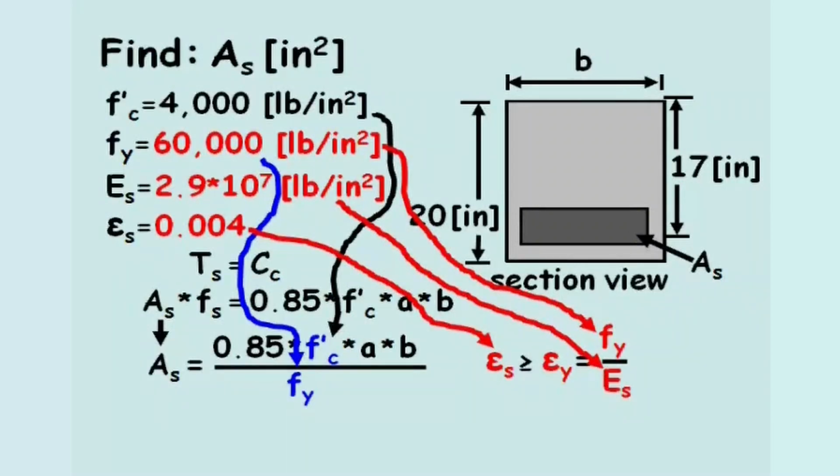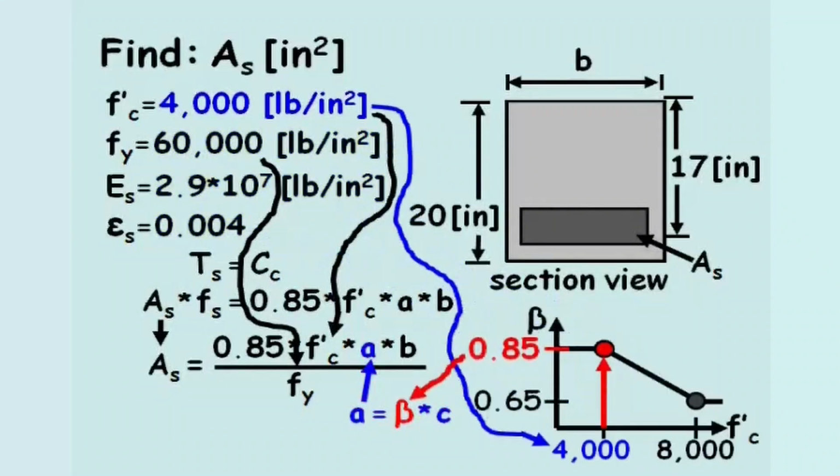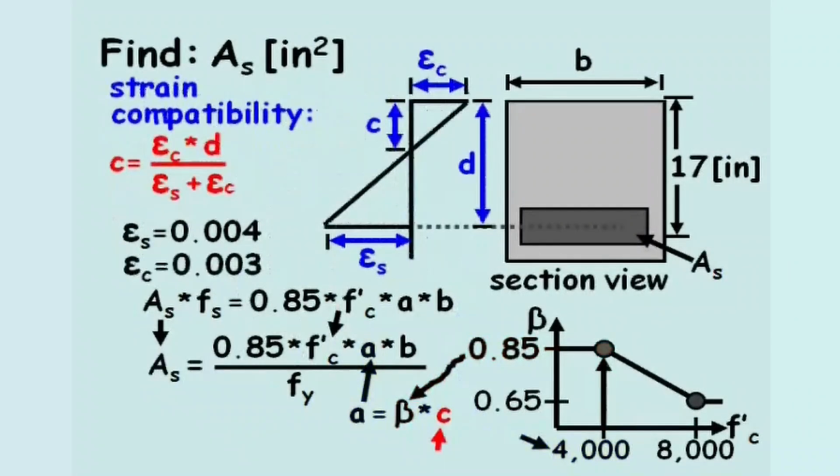We can solve for the length A by equating it to beta times C, where beta equals 0.85 because the compressive strength of the concrete is 4,000 pounds per square inch. The length C can be determined from strain compatibility.